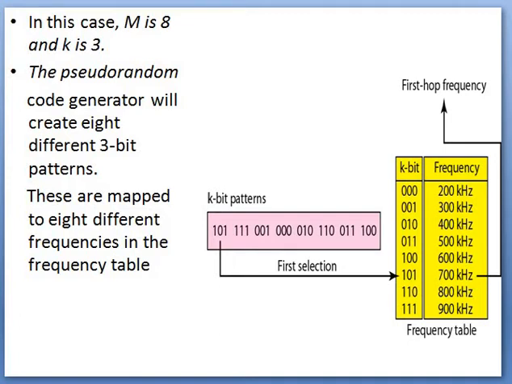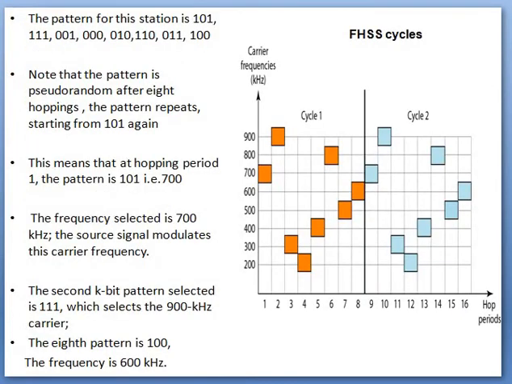These are mapped to 8 different frequencies in the frequency table as shown in the figure. The pattern for this station is 101, 111, 001, 000, 010, 011 and 100.